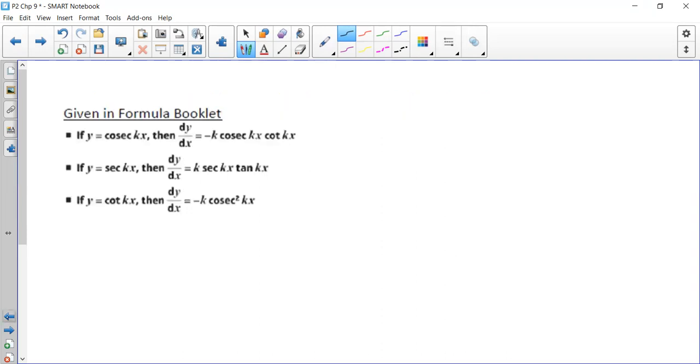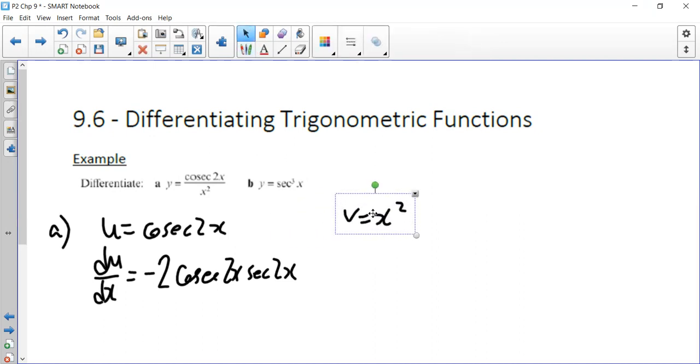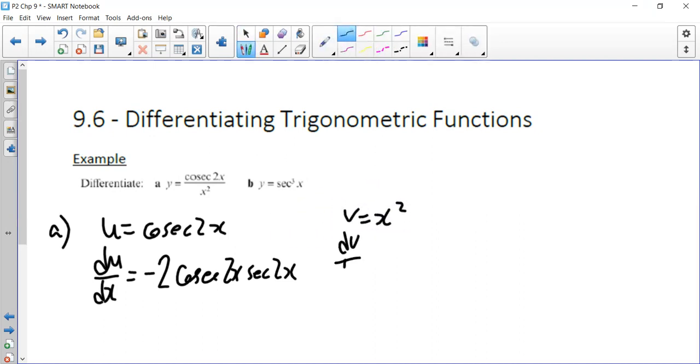Differentiating cosec kx gives negative k cosec kx cot kx. So negative 2 cosec 2x cot 2x. We'll just follow it. And then dv by dx is 2x.